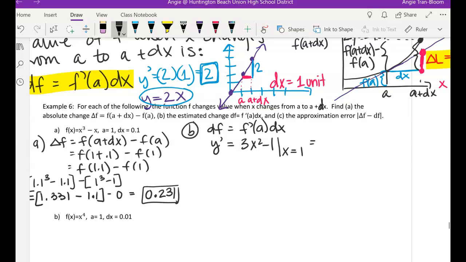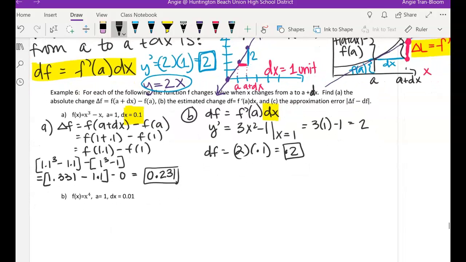So this is going to come out to be 3 times 1 minus 1, which is going to be 2. So df is 2 times 0.1, which is dx. Remember, dx is given to you right here. So that will give me 0.2. So the approximated change is 0.2, and the actual change is really 0.231. As you can see, it's a small gap.